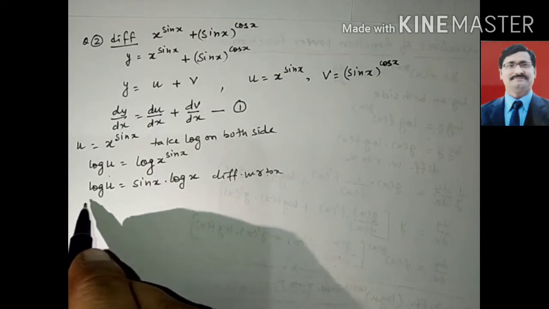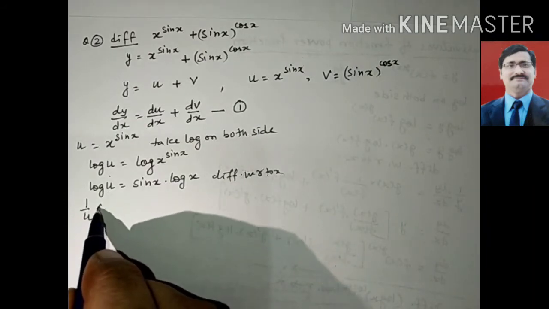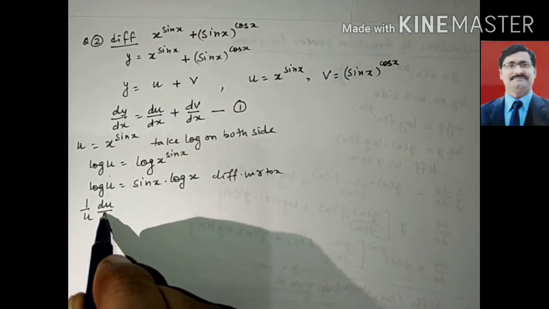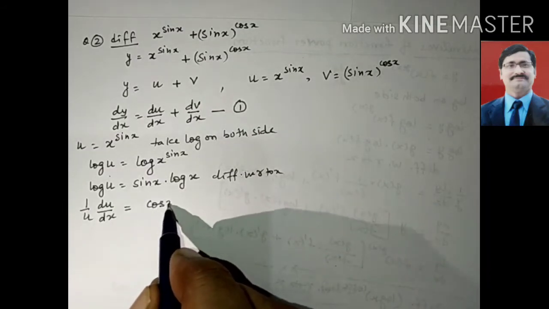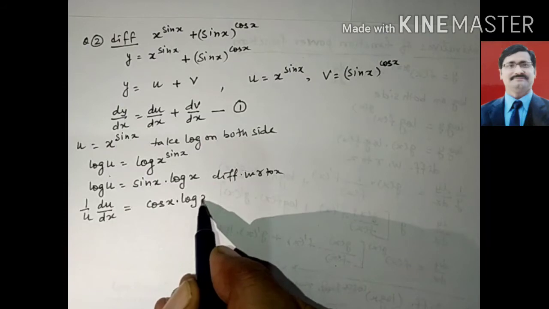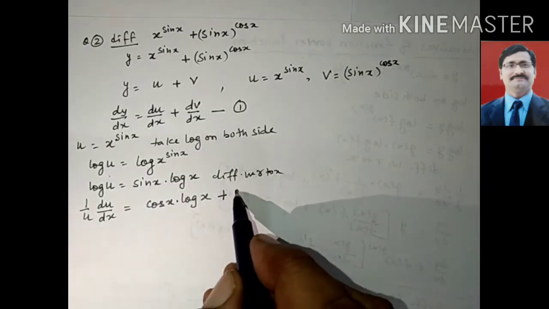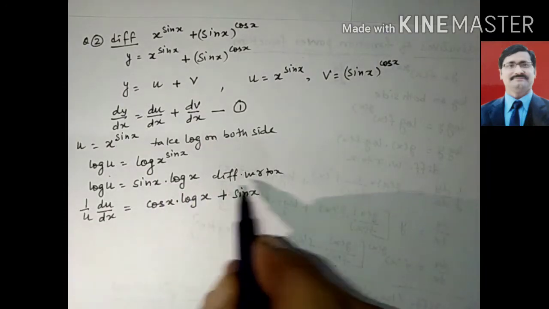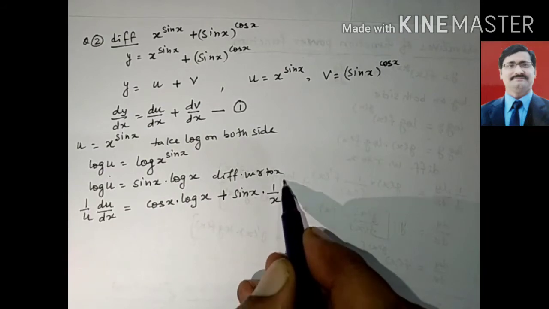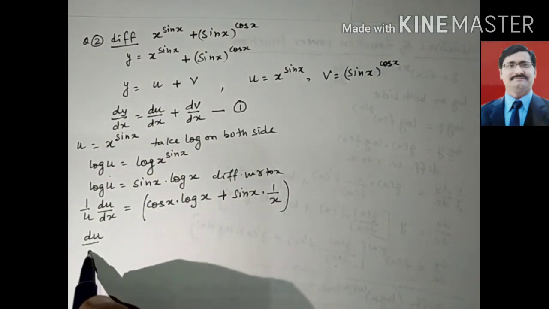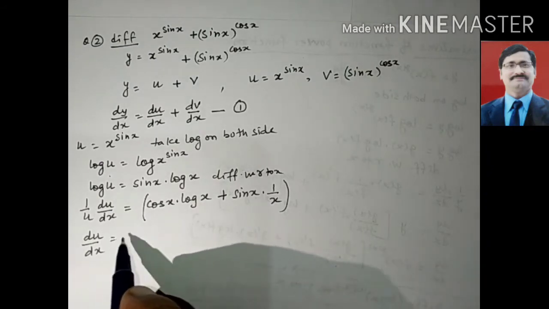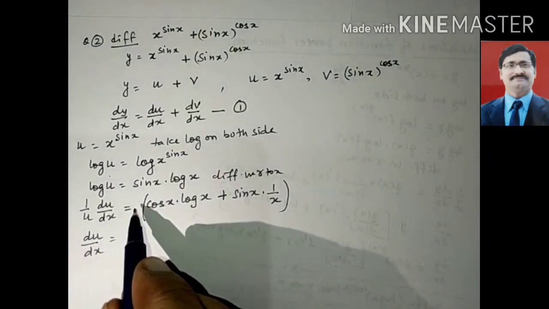So log u differential is 1 upon u and du by dx. Sin x differential is cos x and log x is as it is, plus sin x as it is and differential of log x is 1 upon x. Now you write in a proper order, so du by dx you can write here, transfer u.